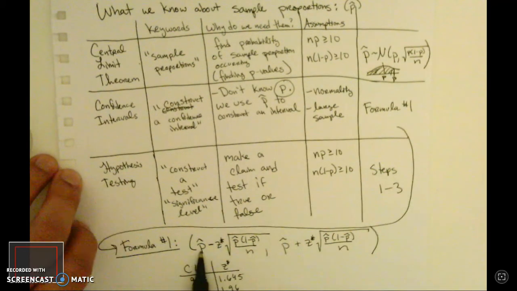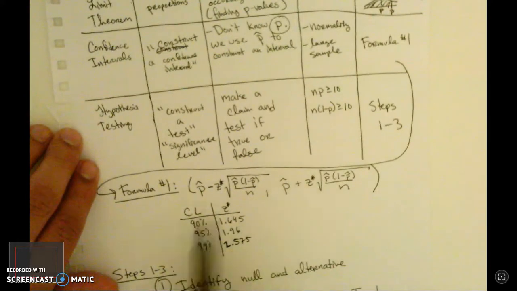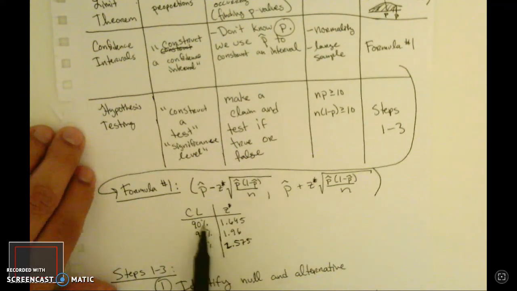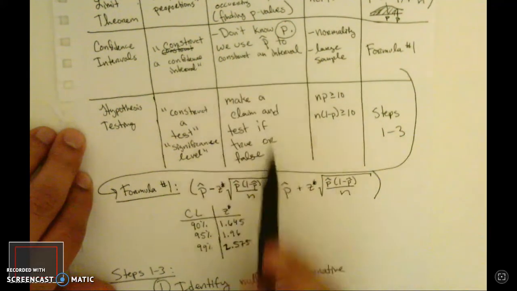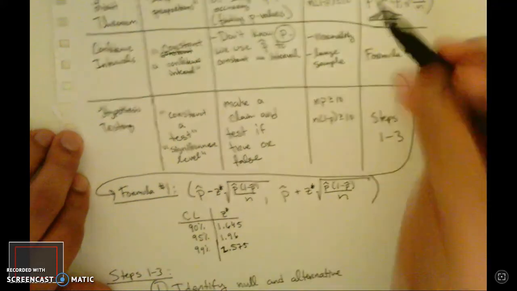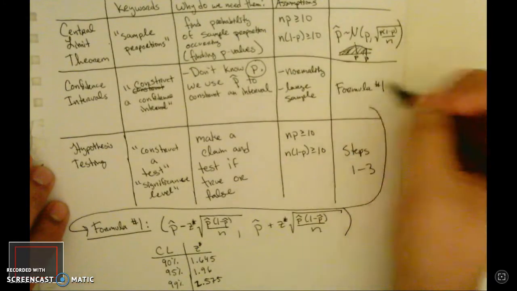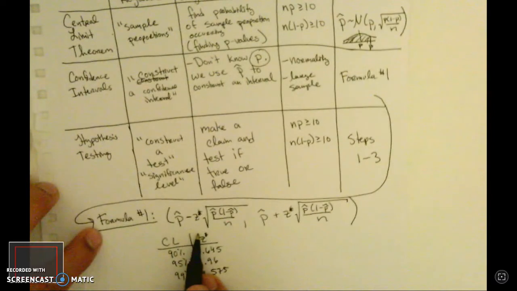We know what p hat is. Z star is going to be one of these bottom values, depending on what confidence I want, right? So we don't know what p is. We use the interval to figure out where exactly is p. We need normality for that in a large sample, similar to this thing, right? And we use formula number 1 to solve it, okay?